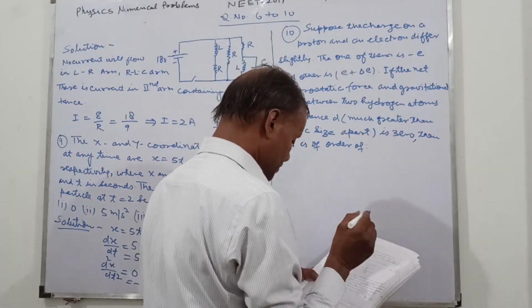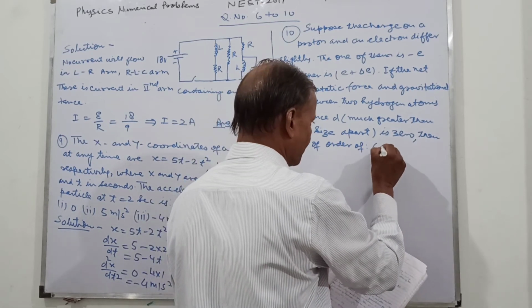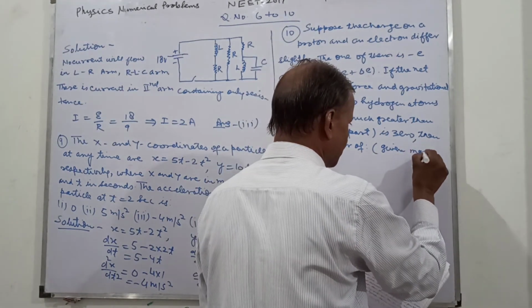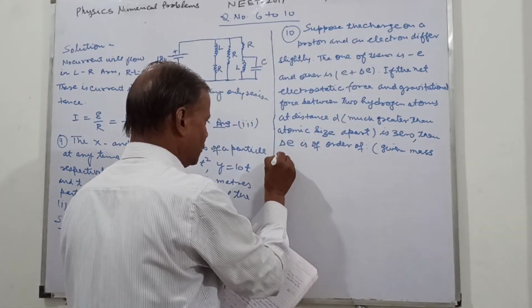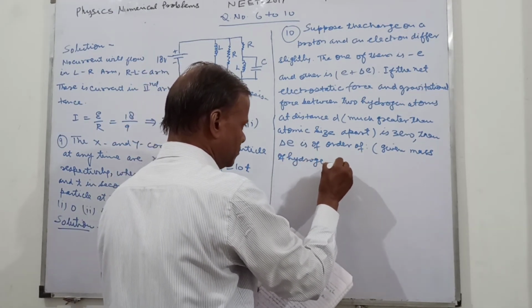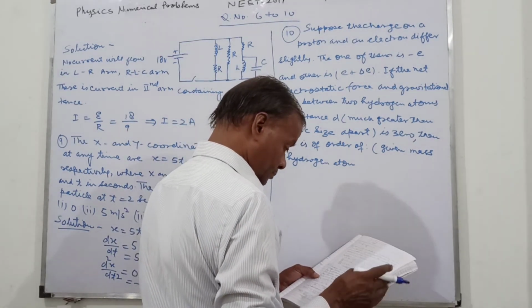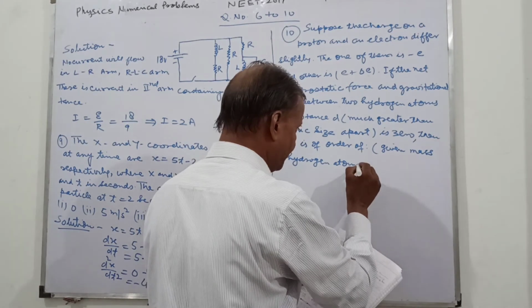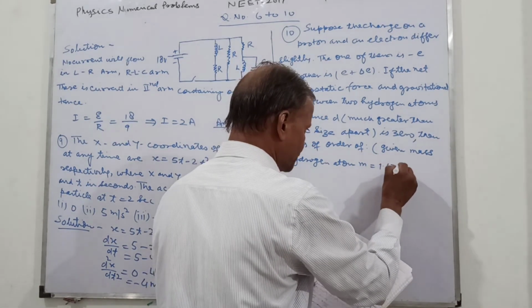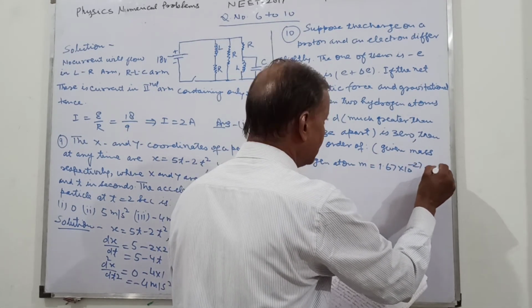Now the options, and this is given the mass of hydrogen atom m equal to 1.67 into 10 raised to the power minus 27 kg.